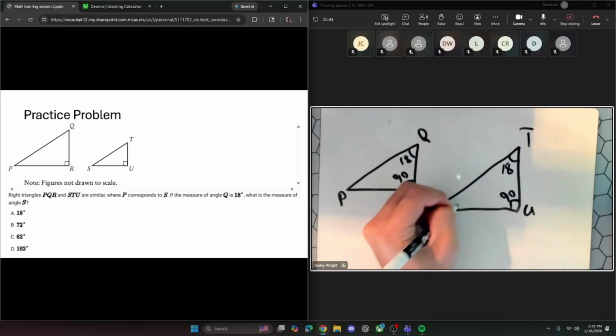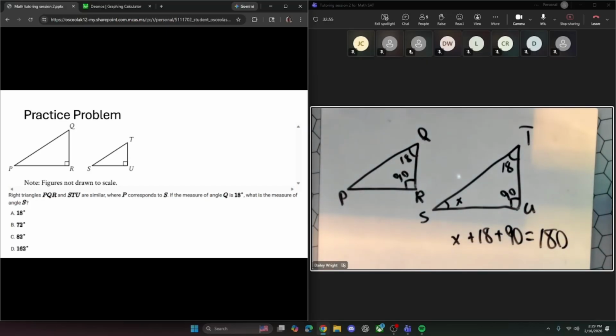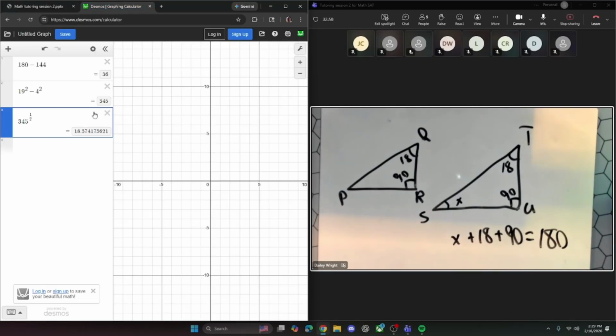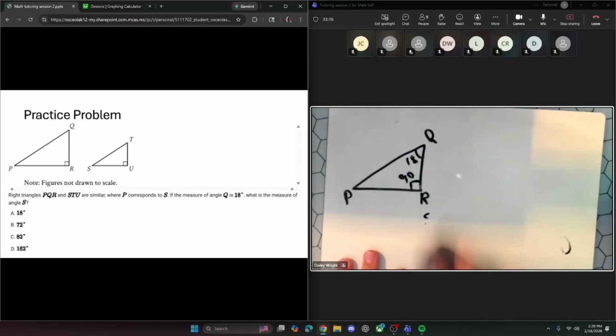And since we know, let's set this to x plus 18 plus 90, we know all the angles are always going to add up to 180. So now we would just type that into Desmos. We would subtract over the 90 and the 18. So 180 minus 90 minus 18 is 72. 72 degrees is one of our answers. Answer choice is B, and we move on.